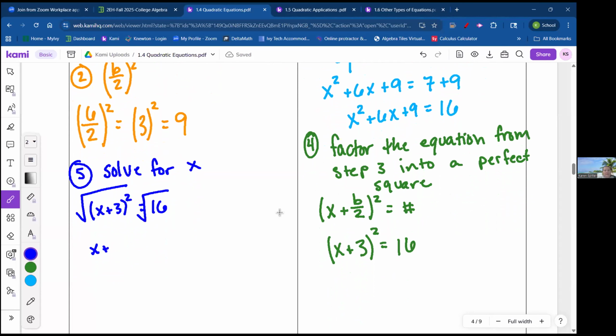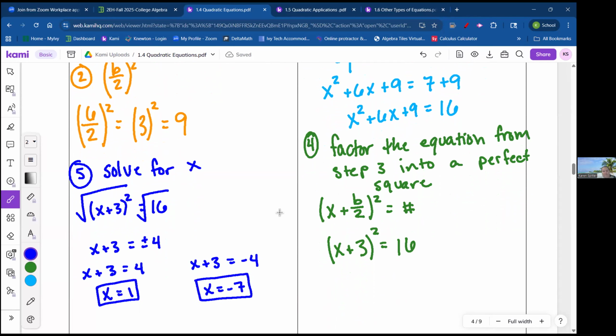So you've got x plus 3 is equal to plus or minus 4. Then x plus 3 is equal to 4, and x plus 3 is equal to negative 4. Subtract the 3, x is equal to 1. Subtract the 3, x is equal to negative 7. So there are your answers, 1 and negative 7.